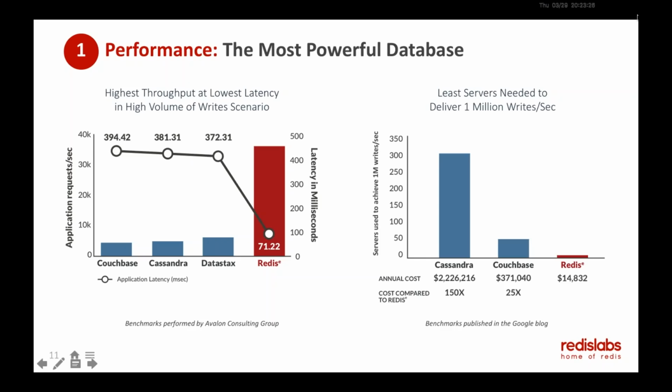If you see Cassandra, the cost to get to 1 million writes per second is about, the numbers are there, so I don't want to call them out. But if you look at Redis, it is a very small footprint and a very small total cost of ownership, but it still achieves 1 million writes a second.